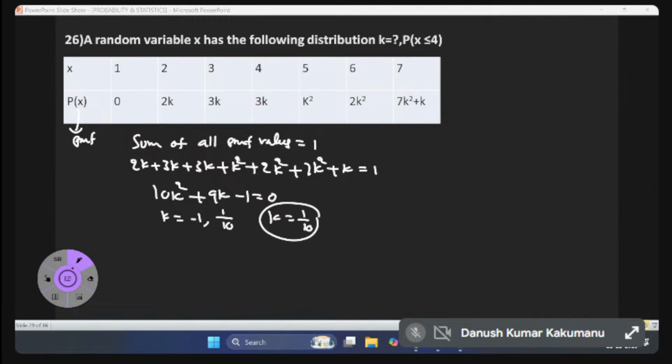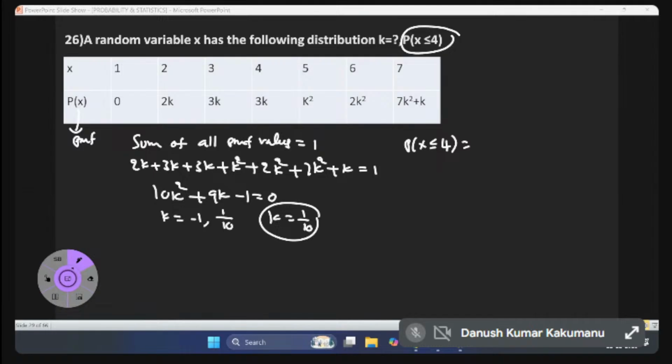Very good. What is the other part asking? P of x less than or equal to 4. How to get it? It is a CDF, first of all understand.